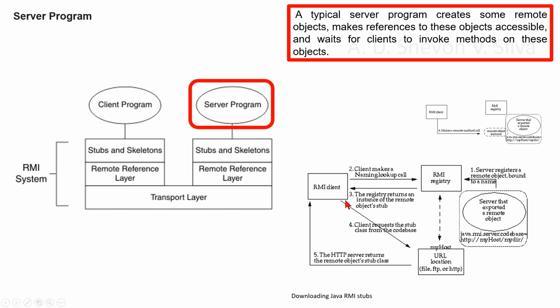If the class definition for the stub instance can be found locally in the client's class path, which is always searched before the code base, the client will load the class locally. However, if the definition for the stub is not found in the client's class path, the client will attempt to retrieve the class definition from the remote code base.